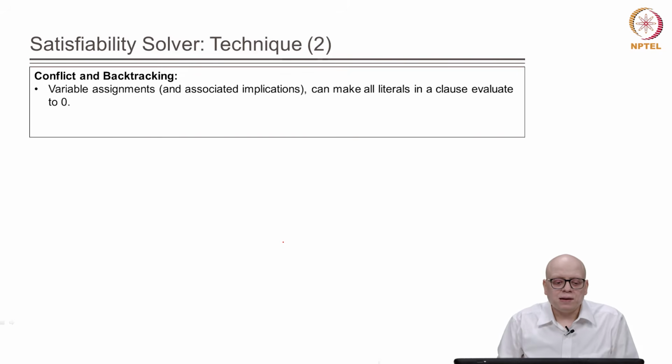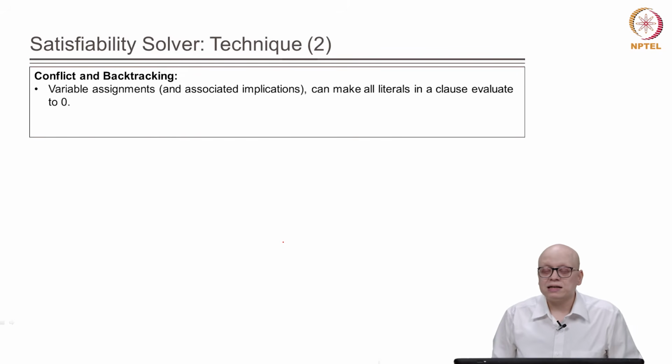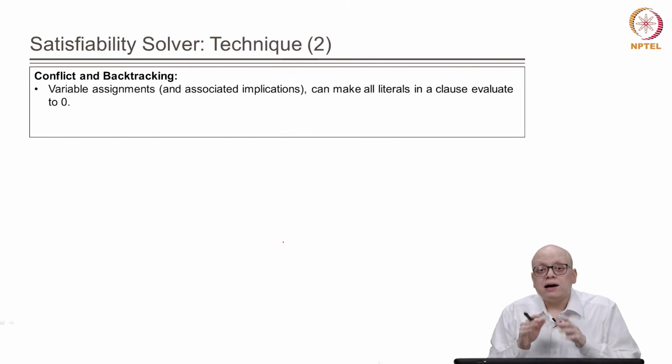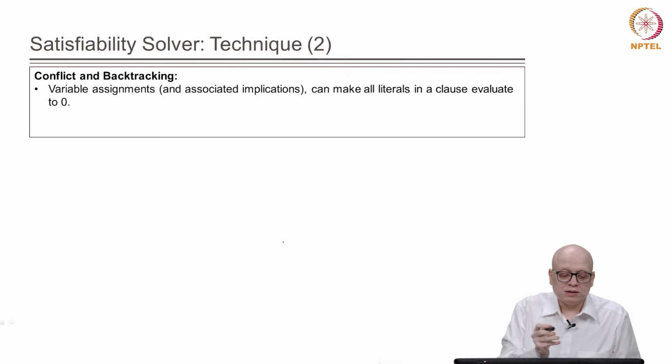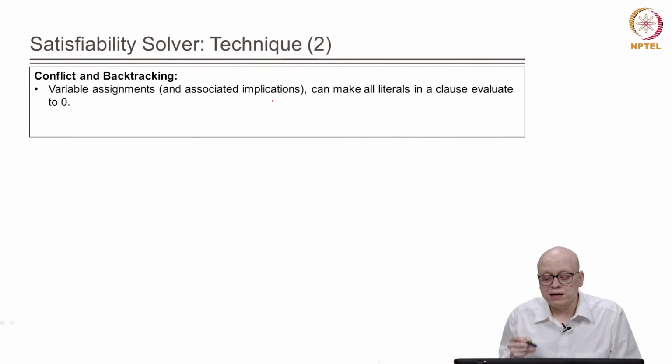Now, sometimes the variable assignments can make all the literals of a given clause 0. So, if variable assignments and associated implications make all the literals in a clause evaluate to 0, then we have reached a kind of conflict.